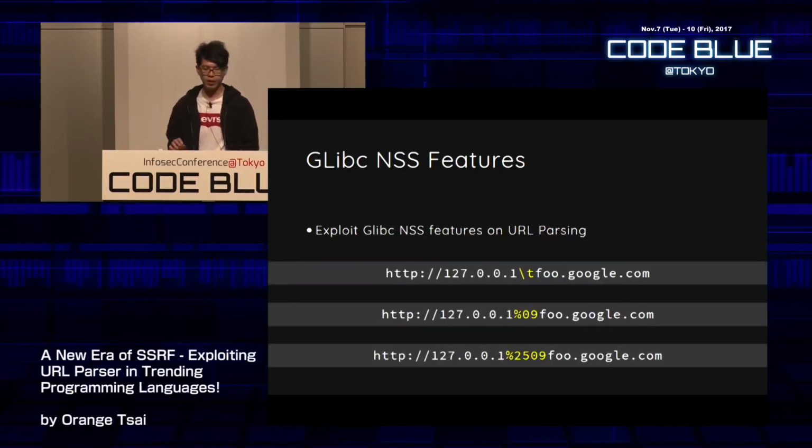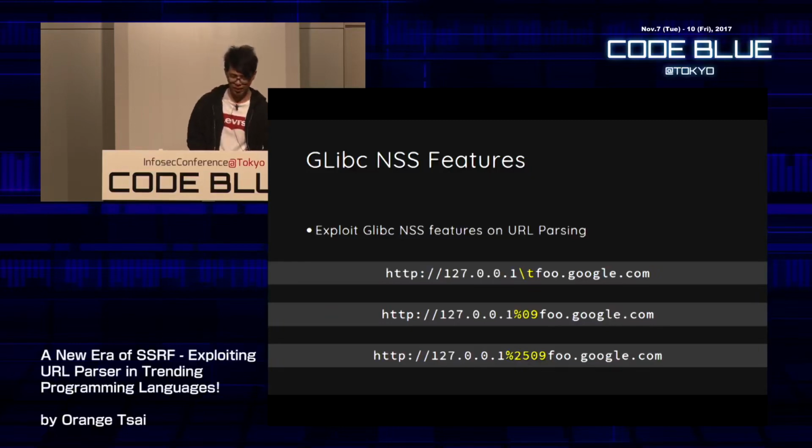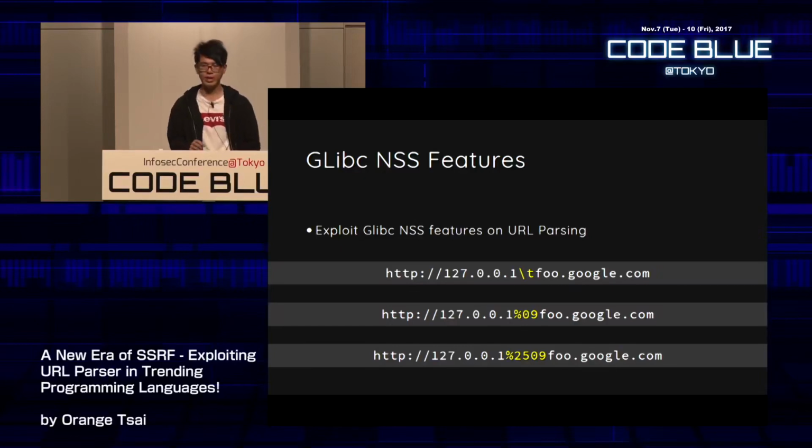Okay, let's talk about how to exploit NSS features on URL parsers. URL parsers might recognize all the authority part as the hostname, but HTTP requests still fetch 127.0.0.1.